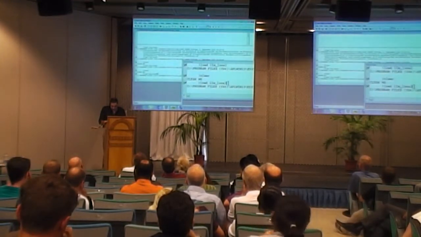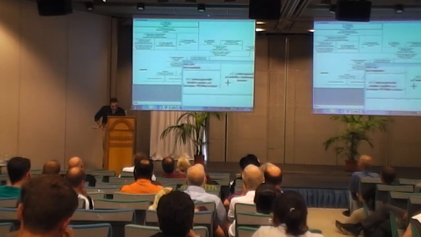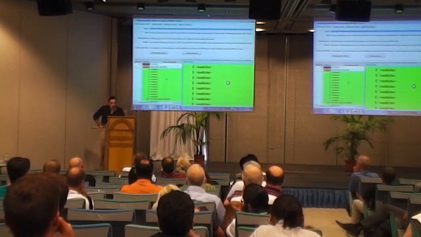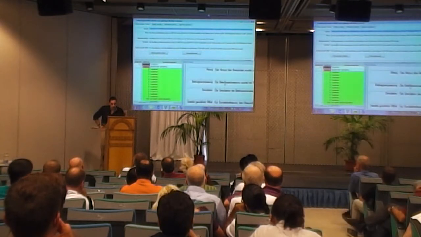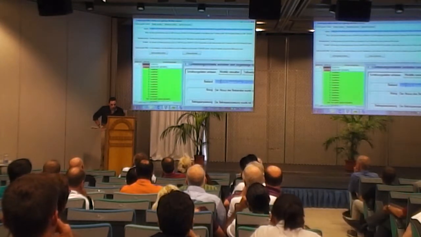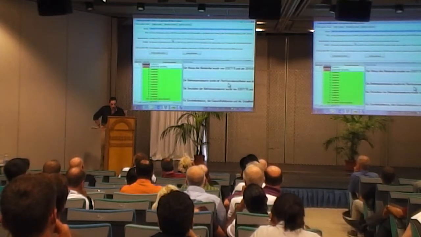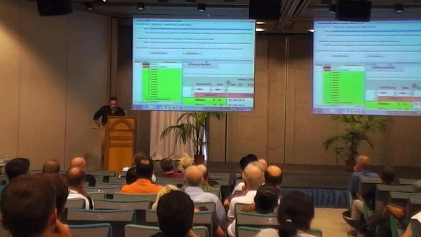So, that's the main GUI, and now I say I want to interactively, so this shows me that I have loaded an agglomeration of data and I can use it to estimate something.